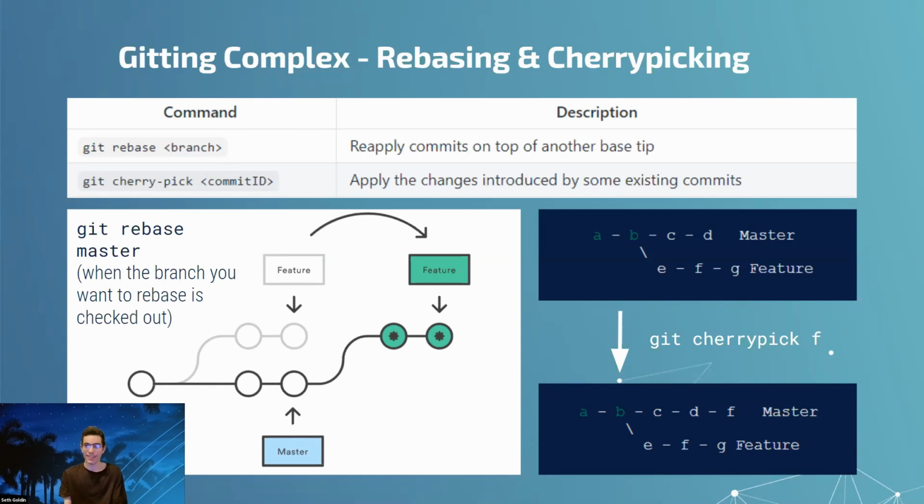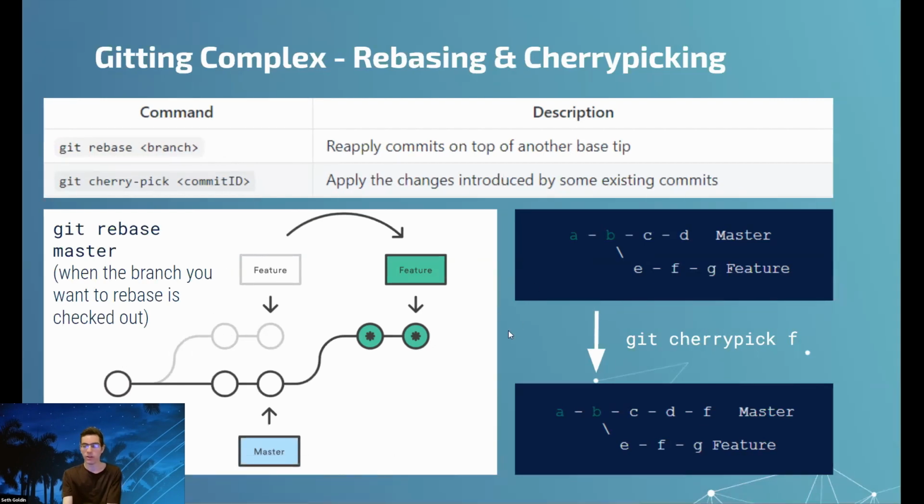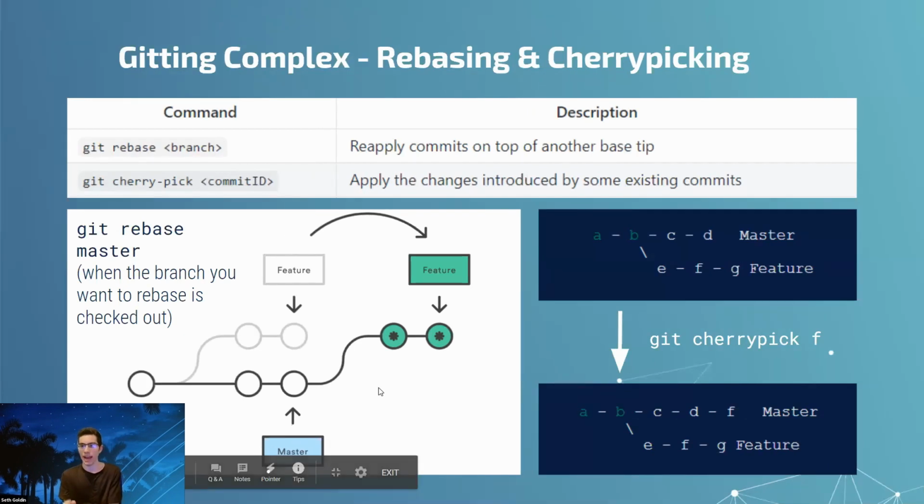But luckily, with Git, you can undo almost anything. There are very few things you can't undo if you screw something up, which is why it's very useful. But this is a depiction here where you can take a branch and rebase it onto the master. And with that, it effectively acts as a merge, but without the merge commit, if that makes sense.